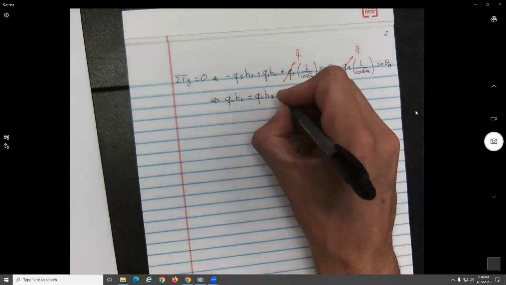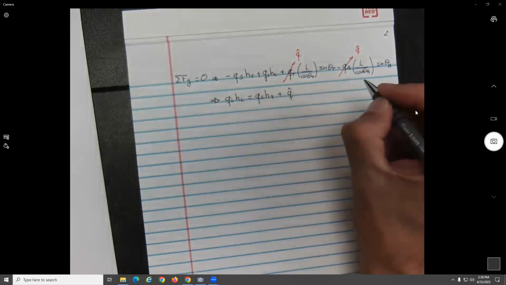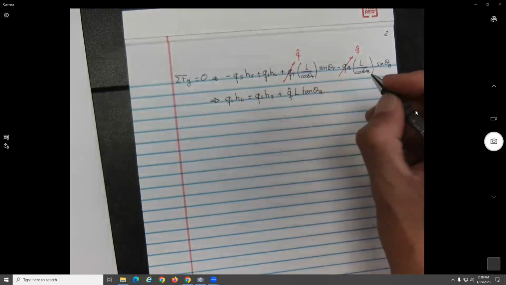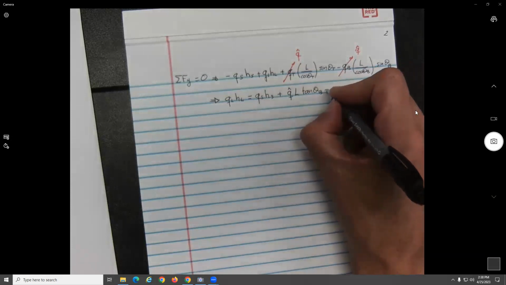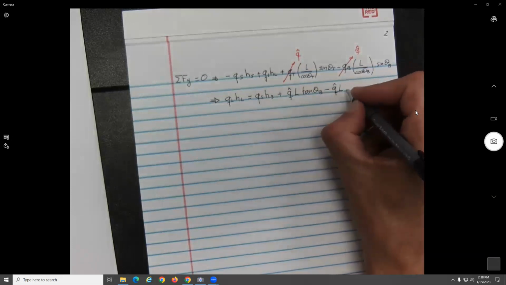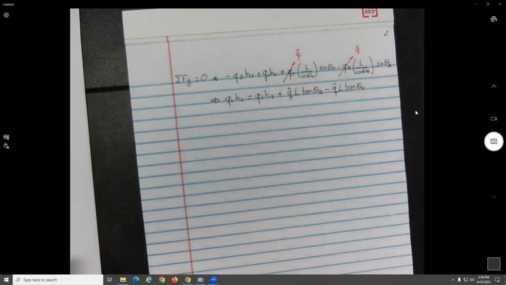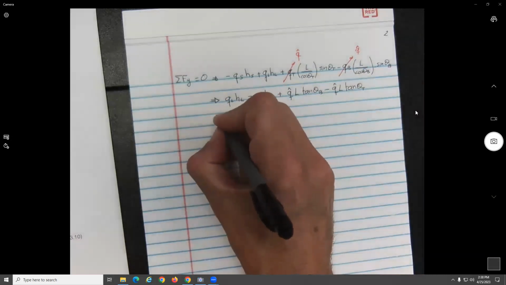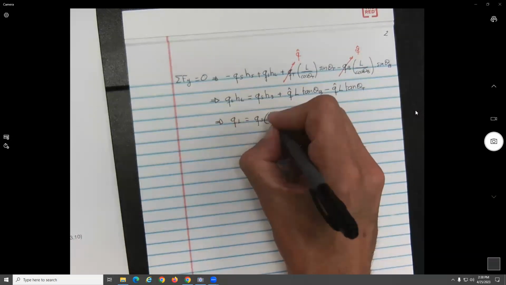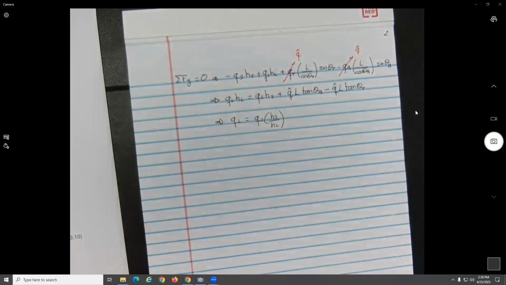Plus Q hat L tangent theta bottom minus Q hat L tangent theta top. And this is going to give us that Q sub L is Q sub S H sub S over H sub L.